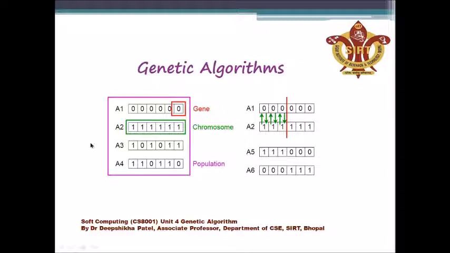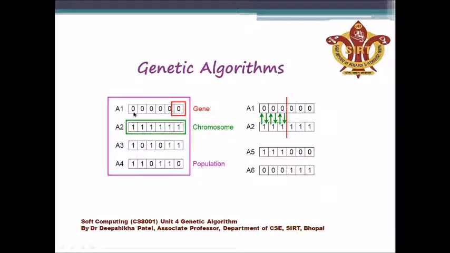So this is the population, the set of individuals, or we can say the set of solutions provided to us, and among these solutions we have to find the best one. This is the initial population, and initially we have individuals A1, A2, A3, A4.